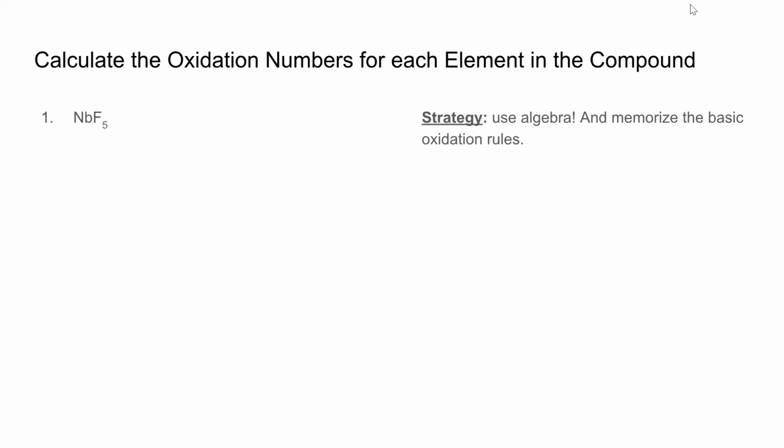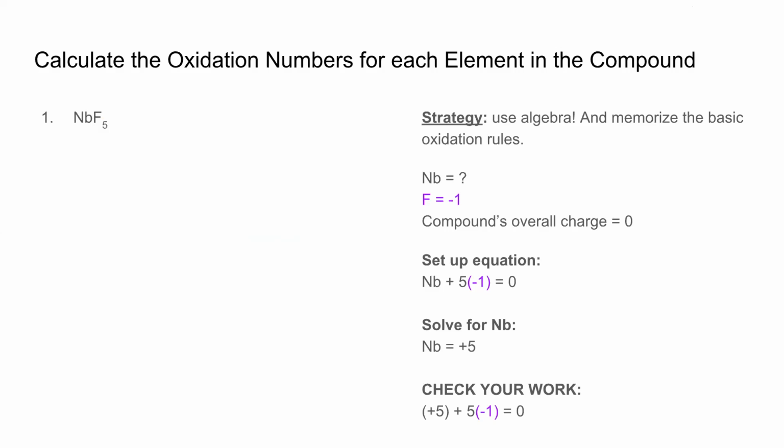So in this case, we don't know the charge of Nb, but we do know that fluorine is -1. And we know that the compound's overall charge is 0 based off of whatever is in the upper right-hand corner. So to do this, we have to set up the equation. Nb plus 5, which is 5 fluorines, times -1, which is the value of each fluorine, is equal to 0. In doing algebra, we find that Nb is equal to +5.